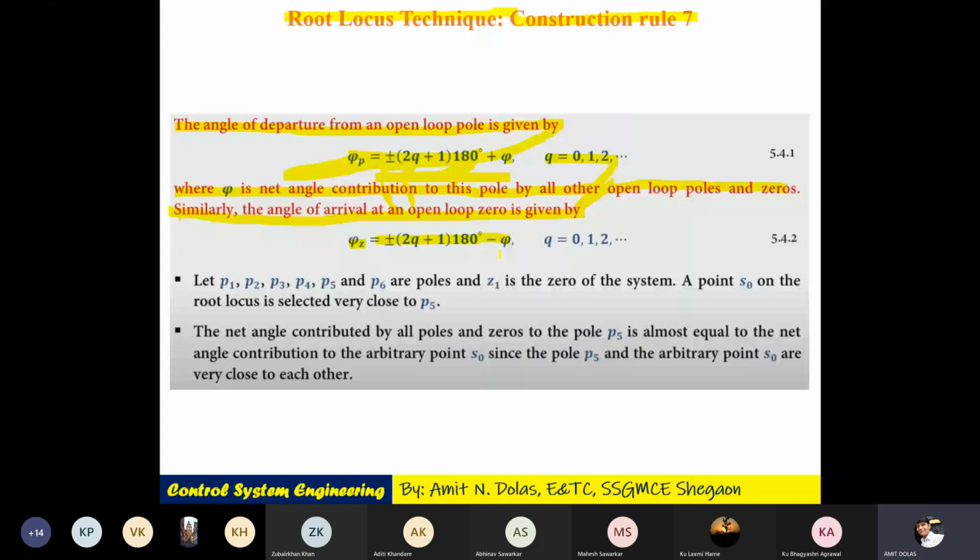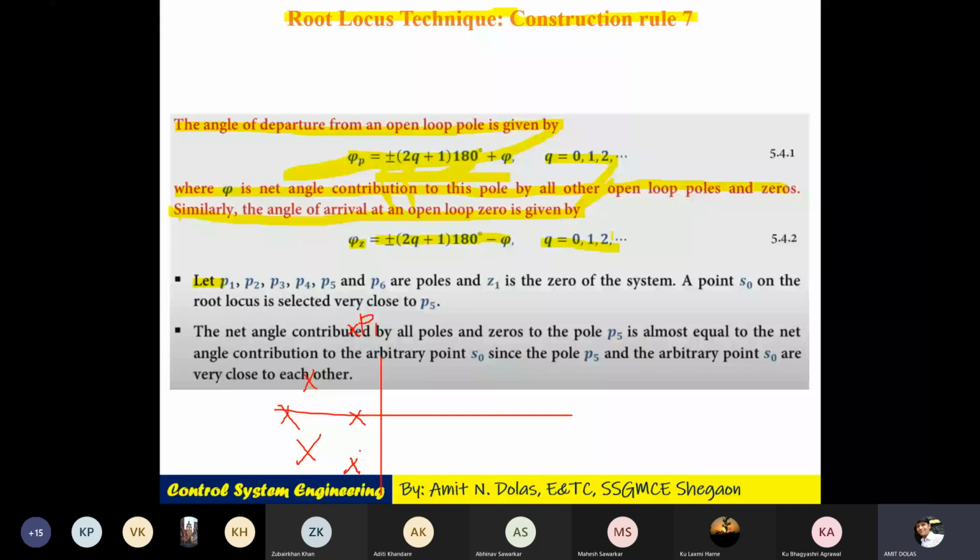We have one example. Say we have a root locus here, which may have several poles, like somewhere here P1, somewhere here P2, somewhere here P3, somewhere P4, somewhere away there is P5. I'll write P5 here; I'll not write all the pole numbers. And somewhere here P6, and some zeros are there. Then we'll select a test point on the root locus, very close to P5.